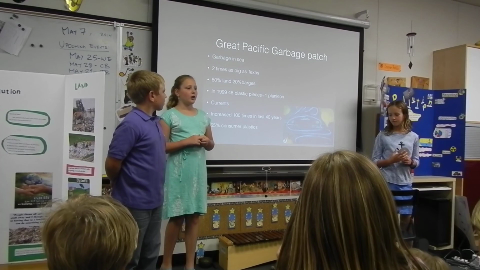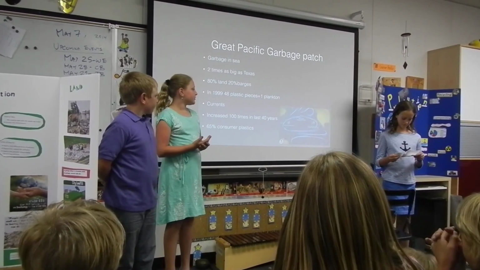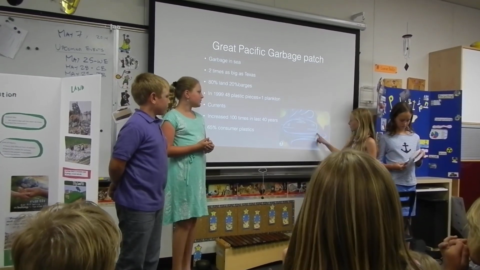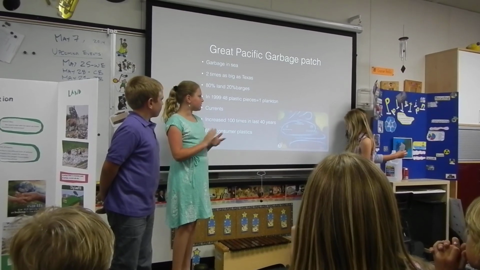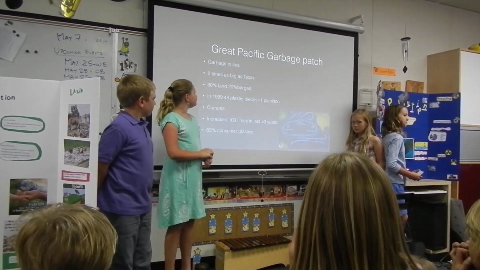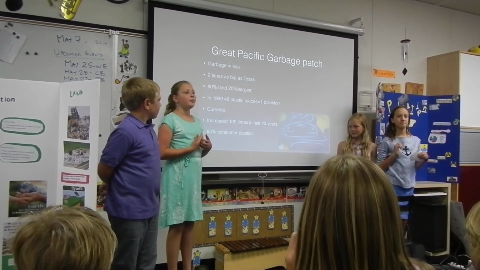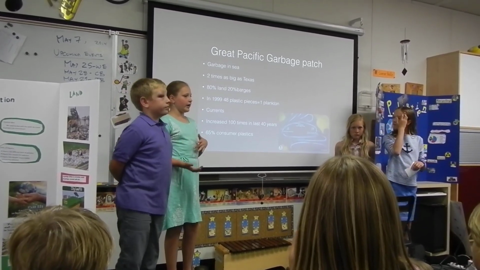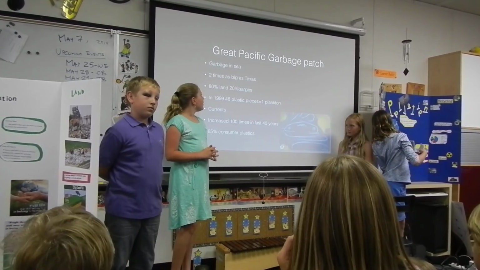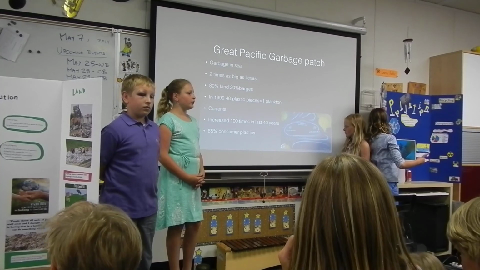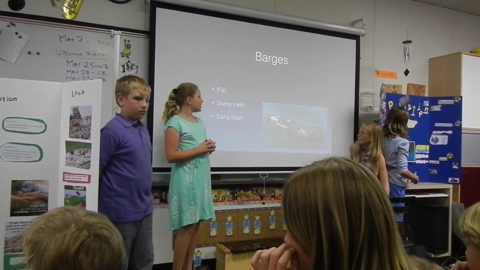The Great Pacific Garbage Patch, it's where all our garbage goes. Some say it's 2 times as big as Texas, but we don't exactly know. It could be as big as the United States. 80% of the trash that's there comes from the land where it gets washed there, and 20% comes from barges where they dump it into the ocean.